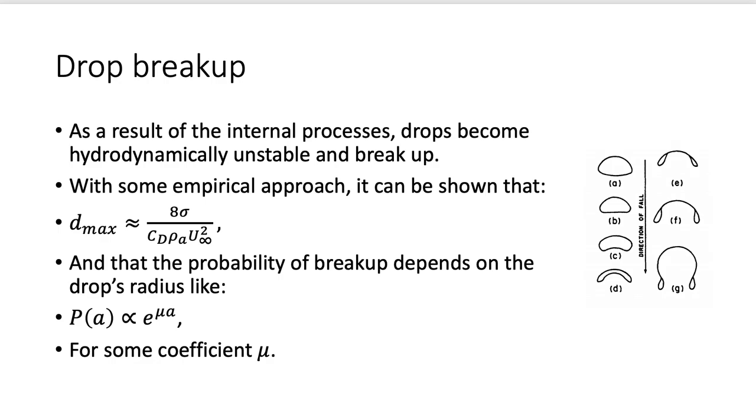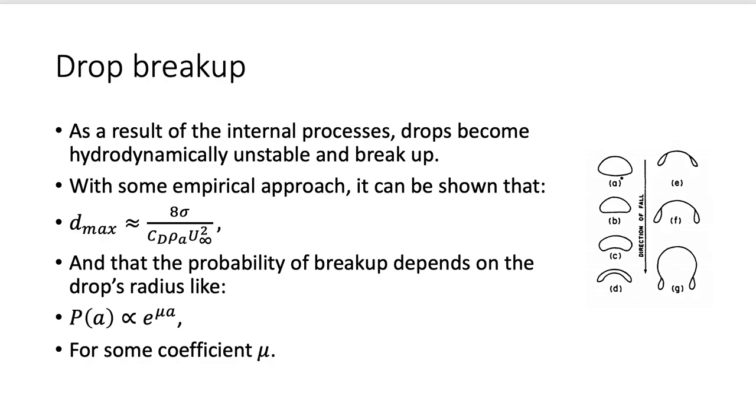The graph here shows what might happen, for example, to a droplet. So you have a large droplet that's falling at a certain speed, and you see it is already deformed. It could happen that if the droplet is large enough, this deformation becomes unstable and leads to this very tiny filament, which then leads to a breakup.